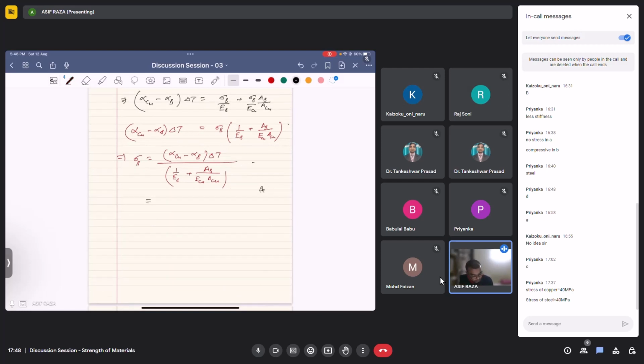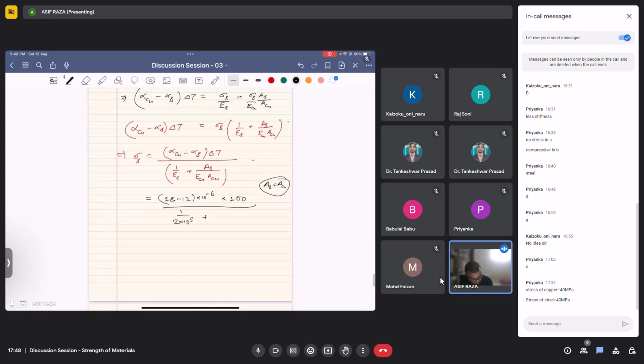Since AS is equal to ACU, we'll just substitute everything. This is 18 minus 12, 10 to the power minus 6, times 100, divided by 1 upon ES, that is 2 into 10 to the power 5, plus AS upon ACU equal to 1, and ECU is 10 to the power 5.